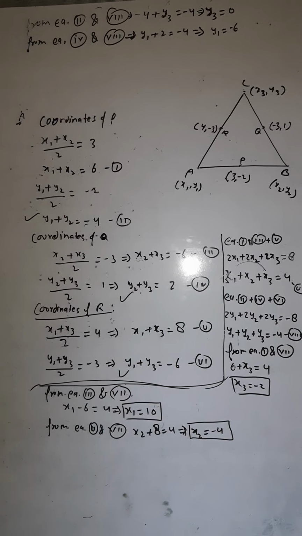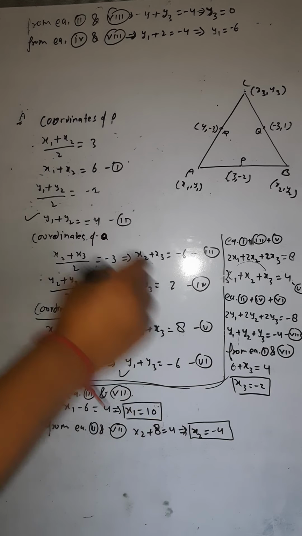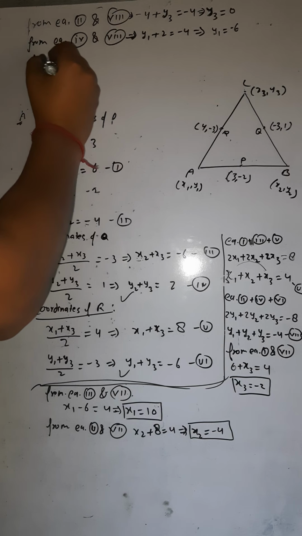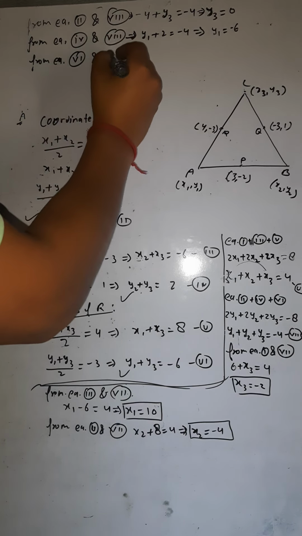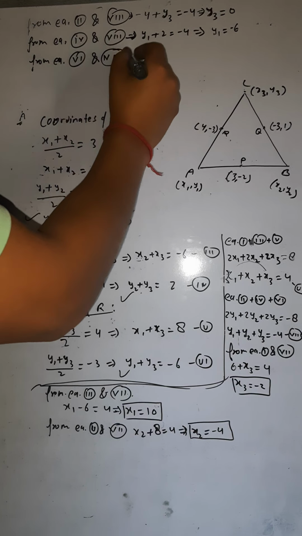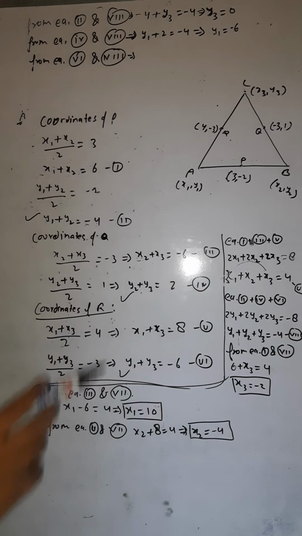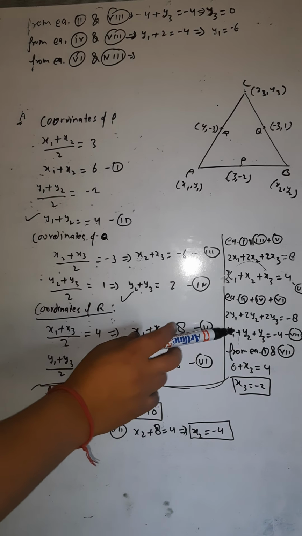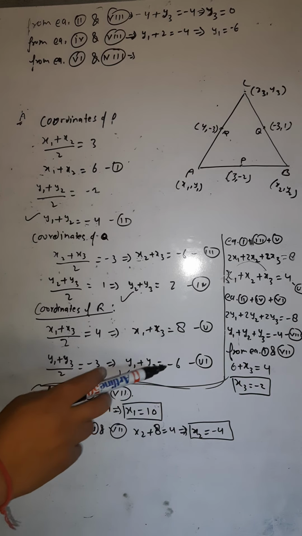Getting this? Now I am taking equation number 6 and 8. What do you find from there? Equation number 6, y1 plus y3 is minus 6, and equation number 8 is y1 plus y2 plus y3 is minus 4. So in place of y1 plus y3, I would be writing minus 6.